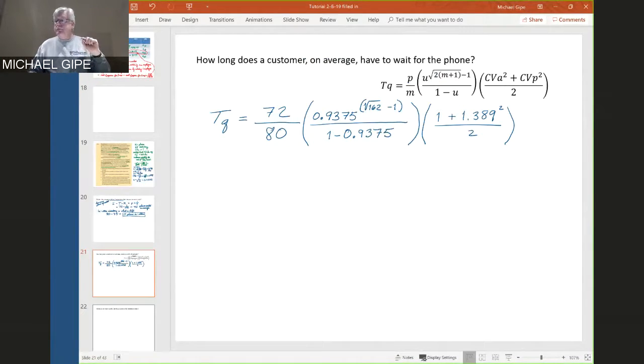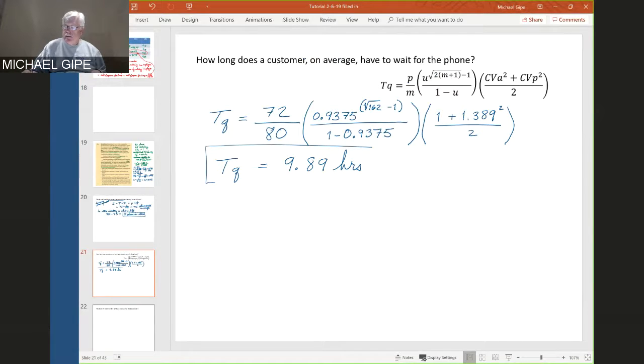Coefficient of variability of the processing time is 1.389. We calculated that earlier based on the standard deviation of the time that customers use the phones. Average those two numbers, plug it in, and we have a queue time on average of 9.89 hours. Incredible. We're sitting around in the airport for almost 10 hours waiting to rent a phone. Ouch.